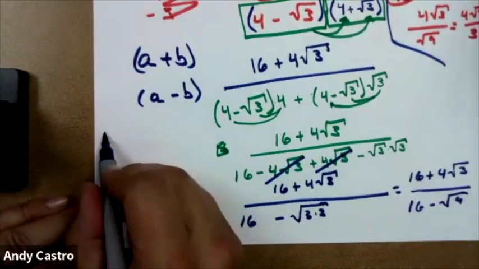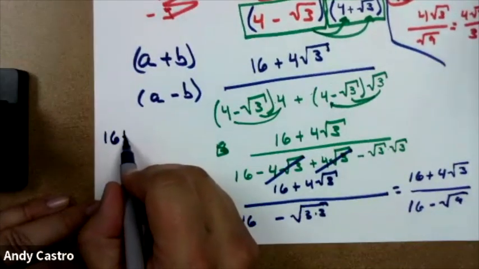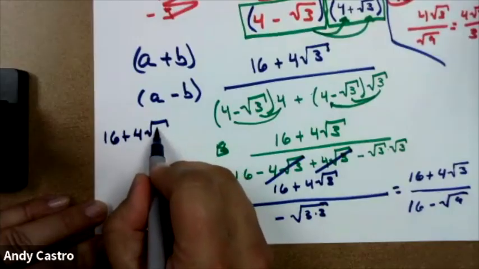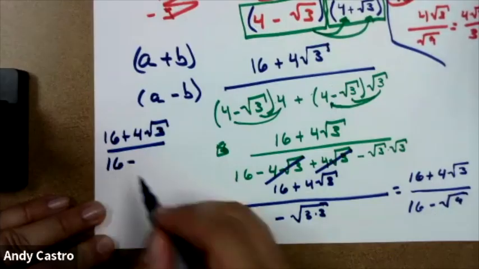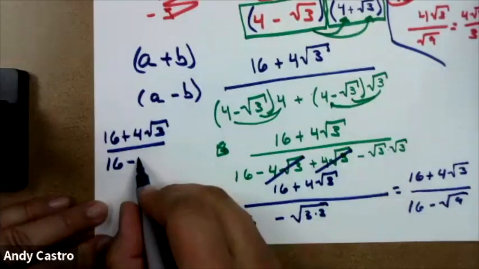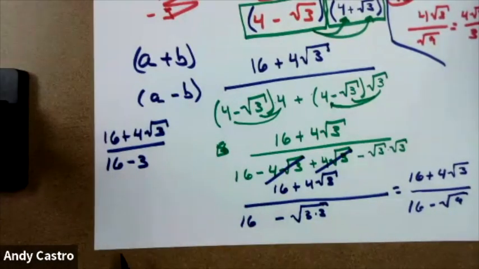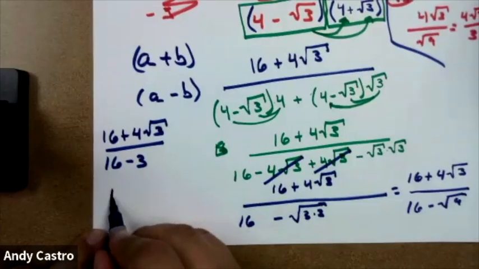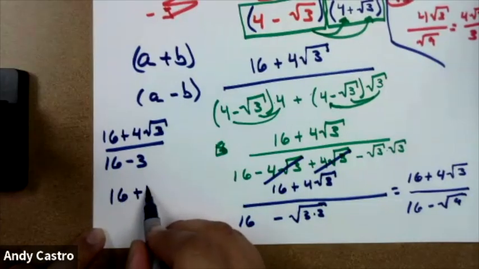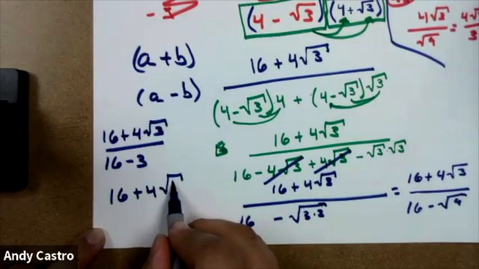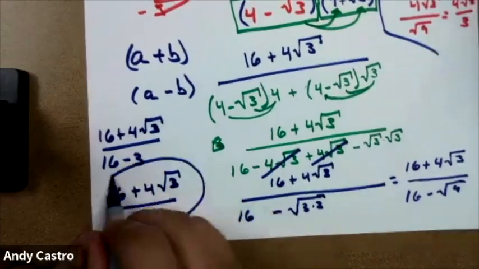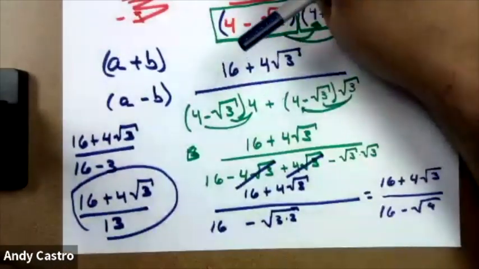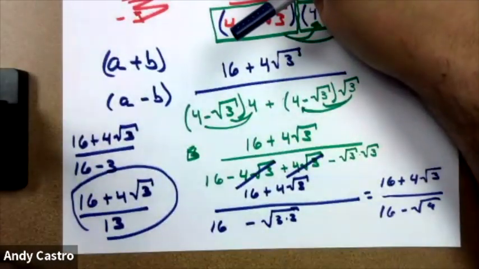So over here, I'll write 16 plus 4 root 3, over 16 minus the square root of 9, which is 3. So 16 minus 3 is 13. So I have 16 plus 4 root 3 divided by 13. We double check that that is, of course, my answer, which it is.